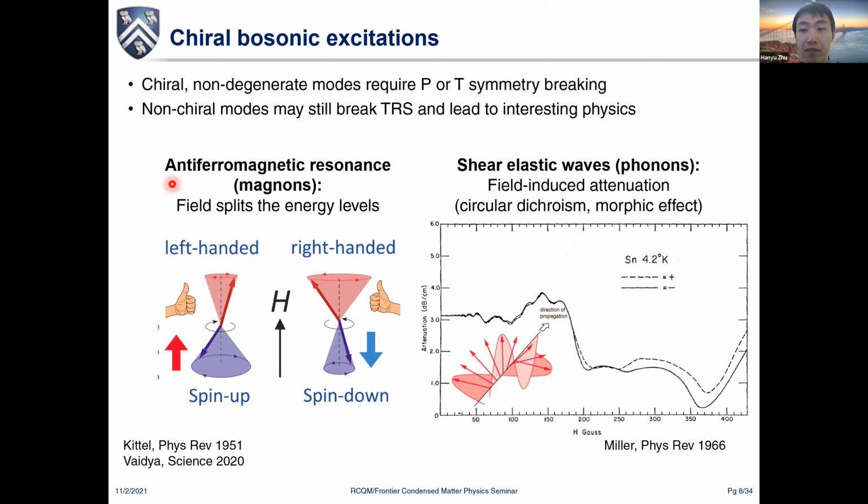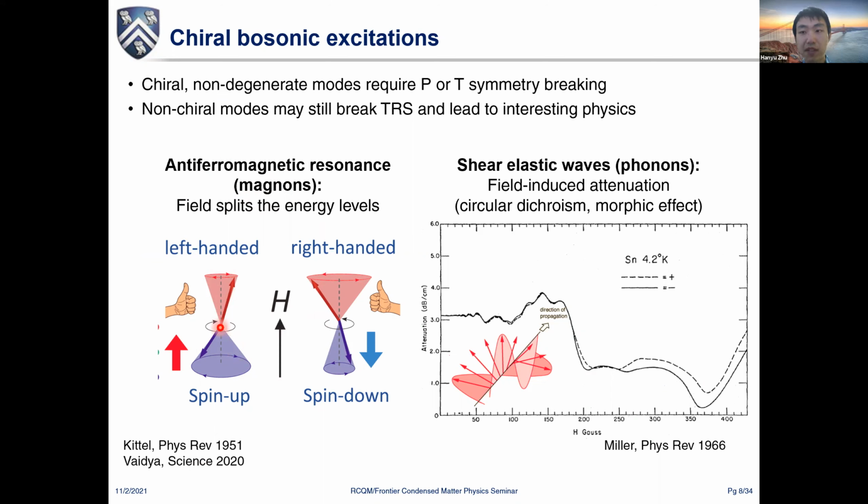And cause chiral bosons. So one example is the magnons. This is a very simple example of magnons in an antiferromagnetic material, and it's been well known 70 years ago that they exhibit antiferromagnetic resonance. That is, inside the system, we have two spin sublattices.